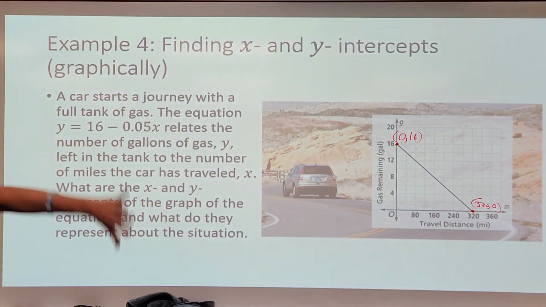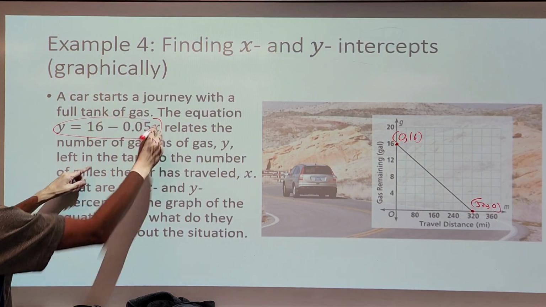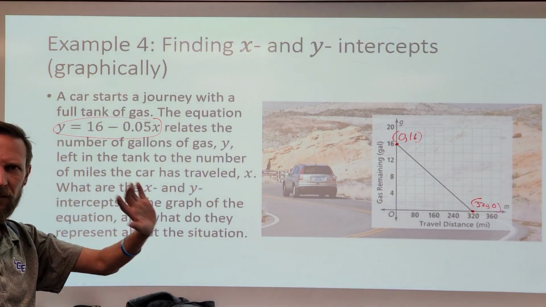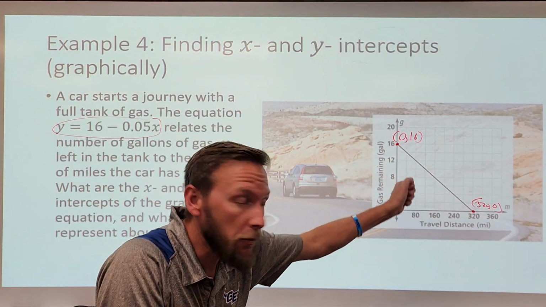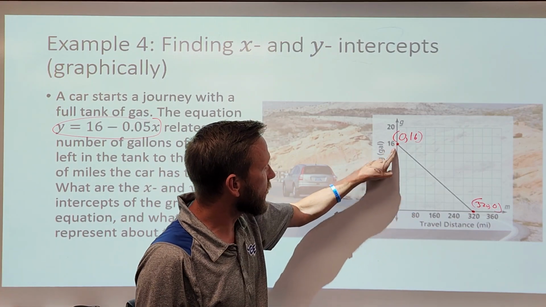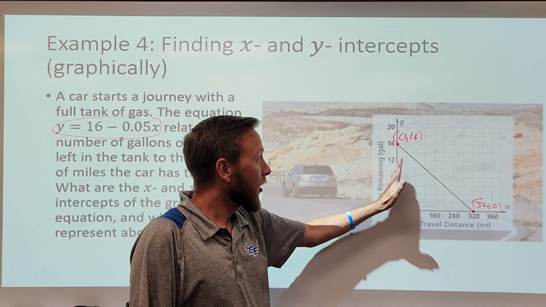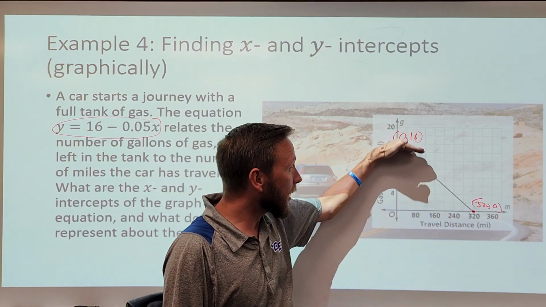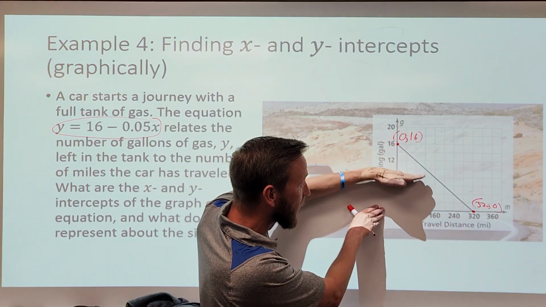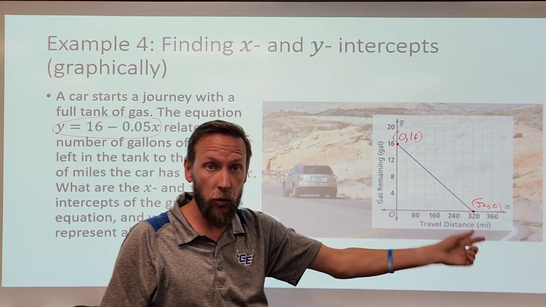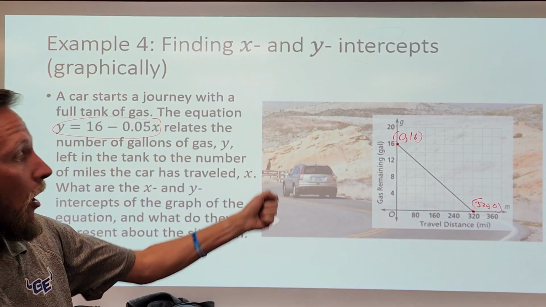You should be able to, without reading this and being like, oh my gosh, this is so hard, there's all these words and letters, if we look at the picture and we understand 0,16 means you've driven no miles, you have a full tank of gas, you've got 16 gallons of gas. But as you've driven more miles, you're getting less and less gas. There's less gas in the tank, so much so that when you drive 320 miles, you are now out of gas.